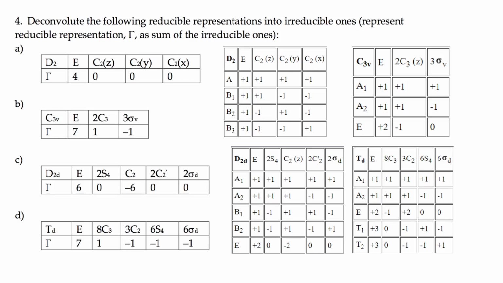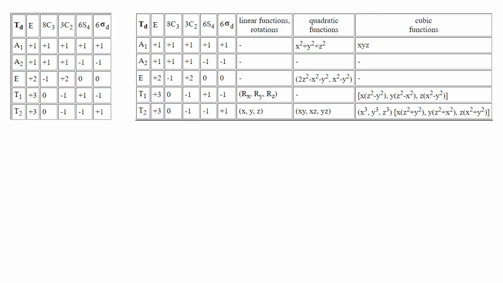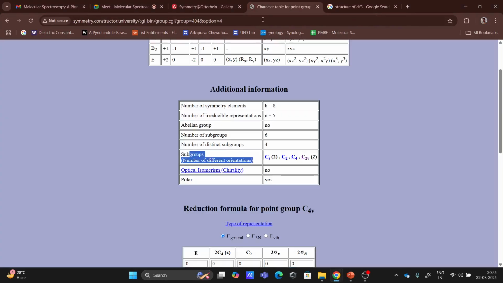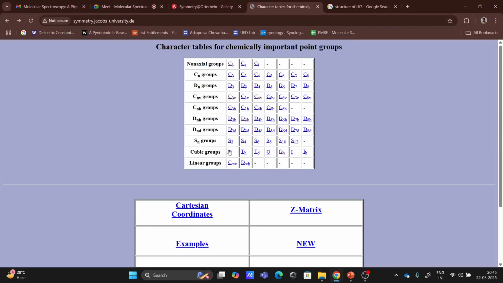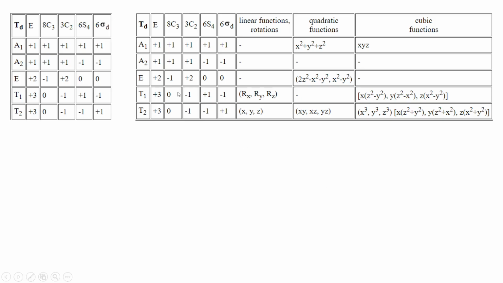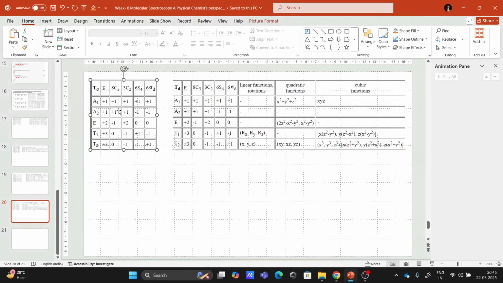Okay, so let us go to the last one, Td. Obviously, tetrahedral contains many more. If we see the whole character table, let us see once. Actually, let me give you the correct thing.